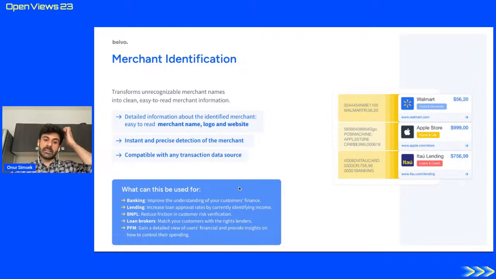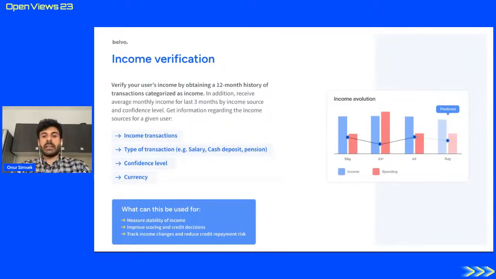Here you can see banking, lending, buy now pay later, loan brokers, and PFM applications, where this data is quite important. The other product that we built thanks to our machine learning infrastructure is income verification. The problem here is that lending companies, before approving any loan, try to see if the customer has income or not, and it is one of the most important details.